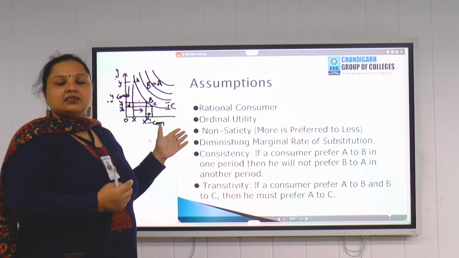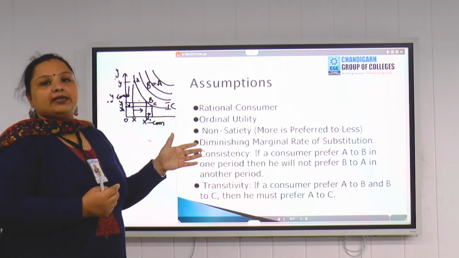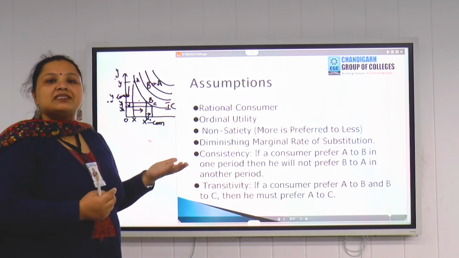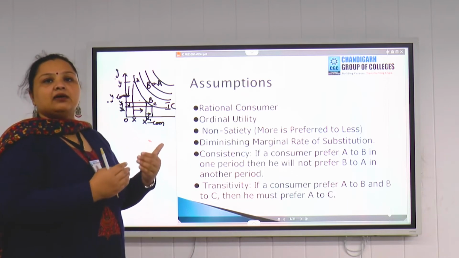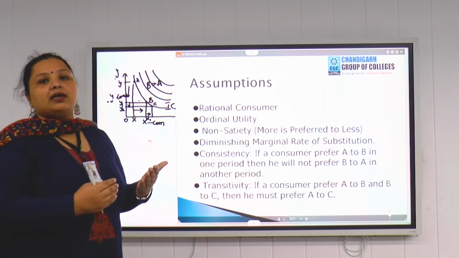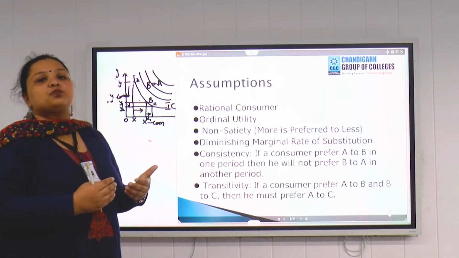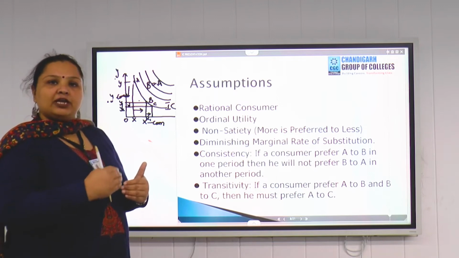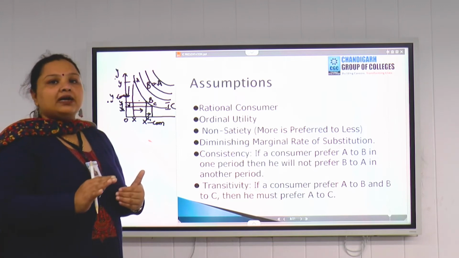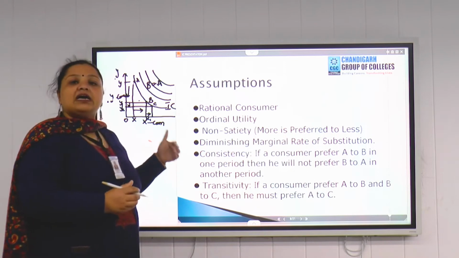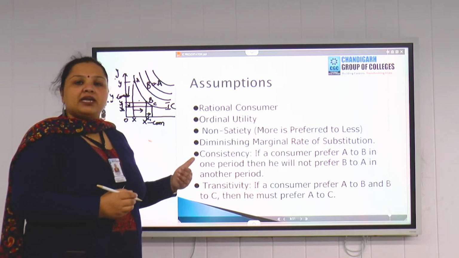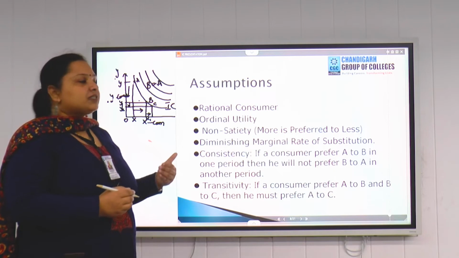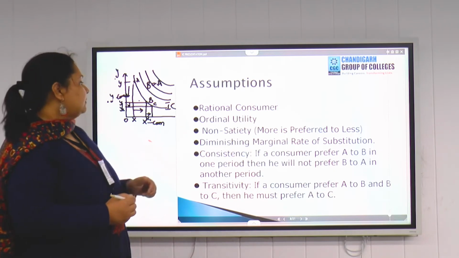We can measure satisfaction in ordinal numbers only, like we can express our satisfaction as greater or lesser, not in cardinal numbers 1, 2, 3. We can't express it in numbers like I have derived satisfaction of 10 units, of 8 units. No, we can't express it like this. We will arrange our preferences in order: first order, second order, third order.